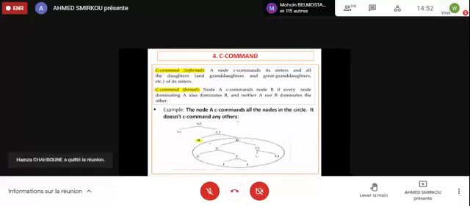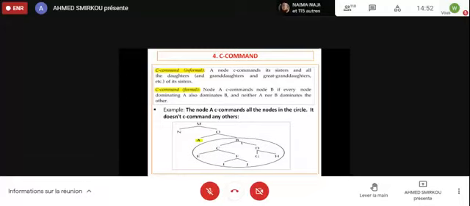Now look at this example. Node A here s-commands all the nodes in the circle, and all of its sisters, which are B, D, E, F, I, J, G, H. So remember, please, s-command is a relation that holds between sisters and the daughters of an aunt's sisters.